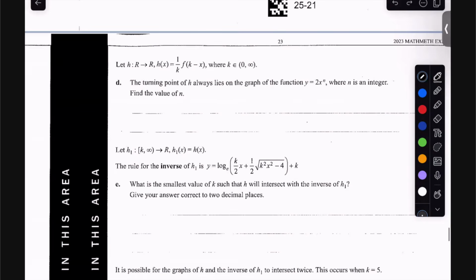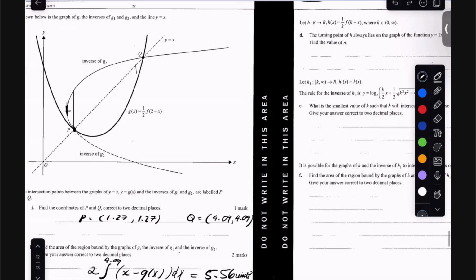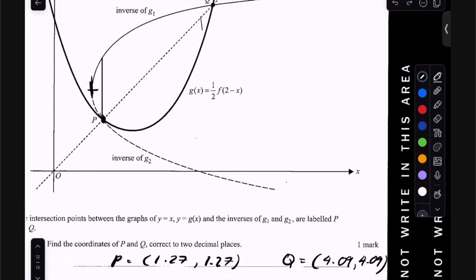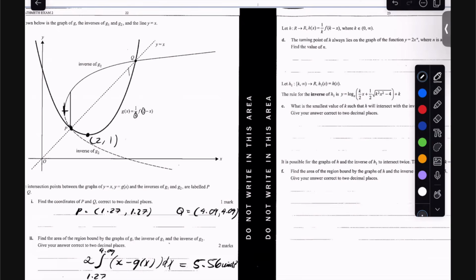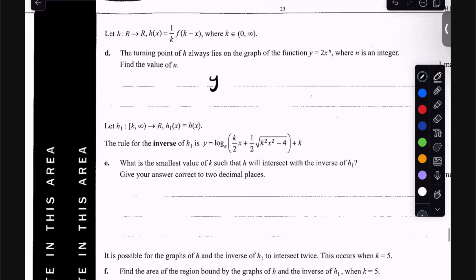Okay. Now, if you just considered the case where k is equal to 2, so this one here, your turning point was 2, 1. Now that lies on the graph, if you sub in y is equal to 2x to the power of n. Was it 2, 1?